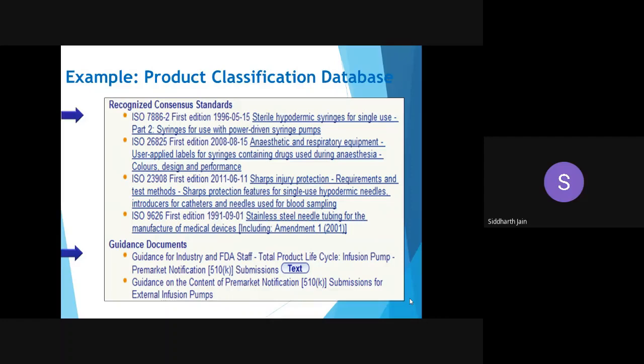Any manufacturer can take the help of this guidance document to prepare the 510K application. I am just giving a typical example of the consensus standards recognized by the US FDA and the guidance documents available for infusion pumps. So depending upon your product, you have to identify whether a consensus standard or a guidance document is present, and accordingly prepare your 510K application.